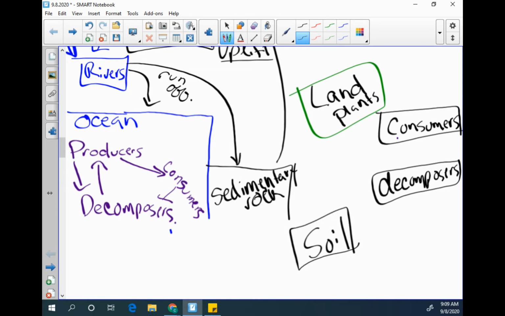Our plants and our consumers will both be decomposed. That decomposition puts phosphorus into the soil. The land plants, through a process called uptake, get that phosphorus, and then the consumers eat the land plants.